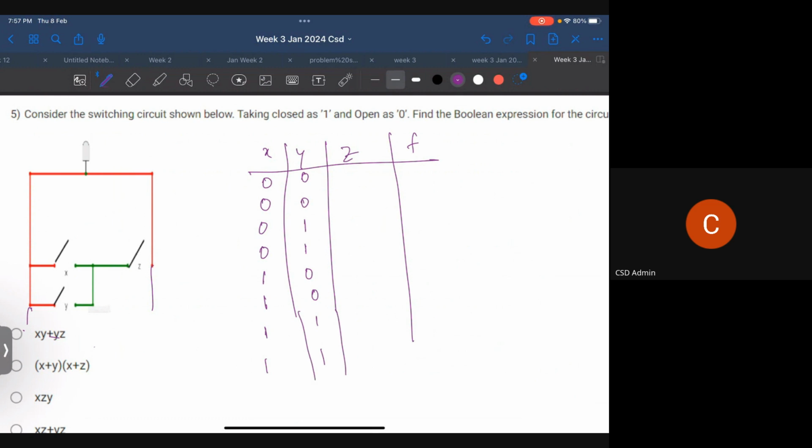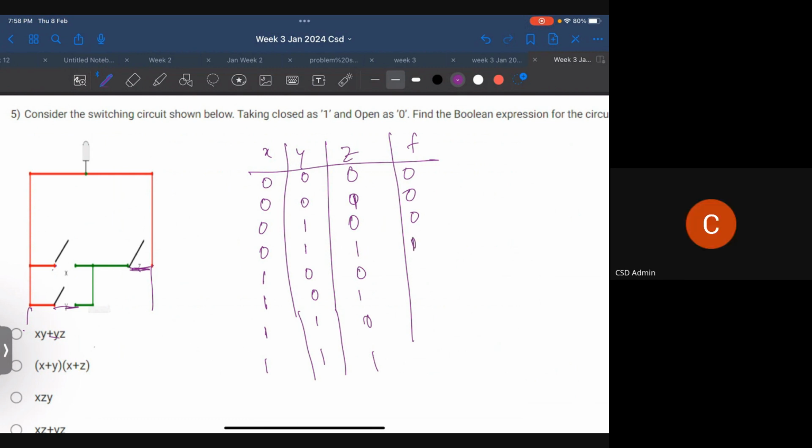When all are 0, meaning open, then F will be 0. Z is closed, but X and Y are open, so it will be 0. Y and Z are closed, so it will be 1.